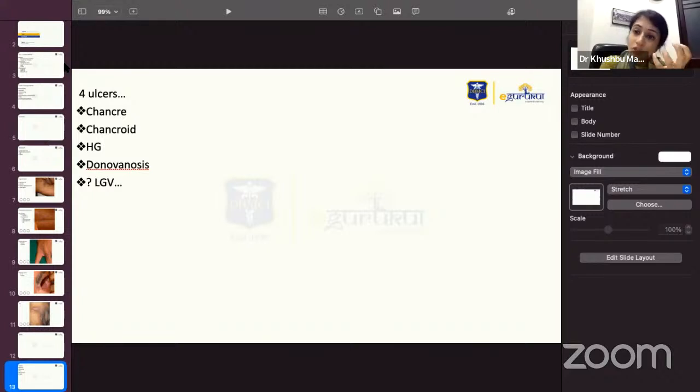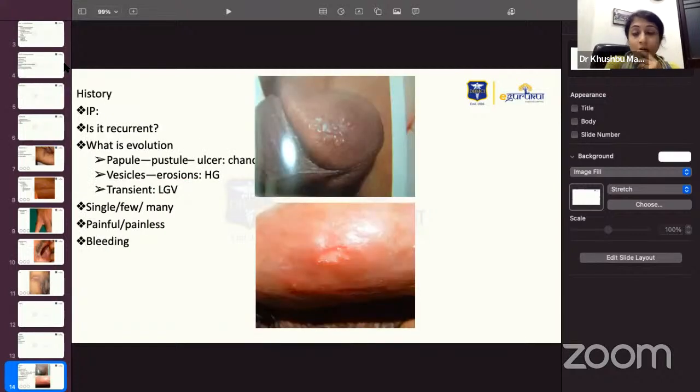So when we're talking about genital ulcer per se, and an ulcer description is there, you think of these 4 genital ulcers. How do we differentiate on the basis of history which genital ulcer it is? First of all, the incubation period. When we are talking about herpes or chancroid, the incubation period will be short, 2 to 7 days, 2 to 5 days.